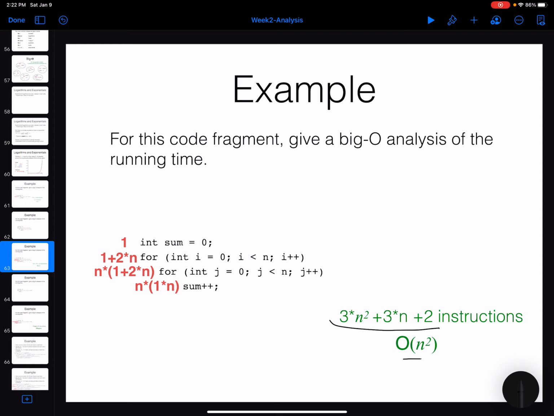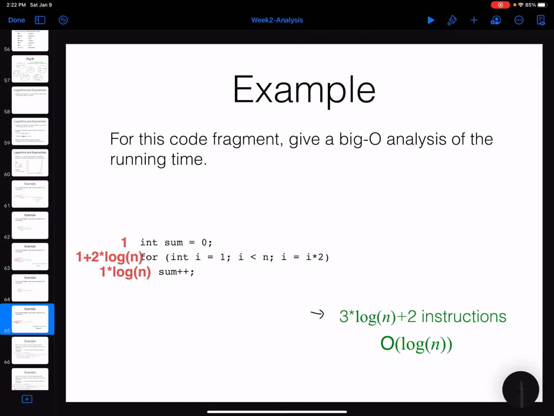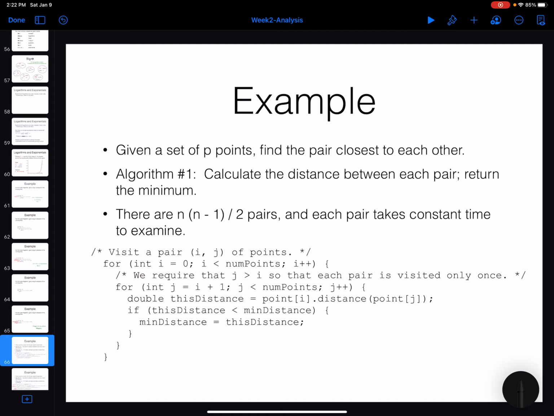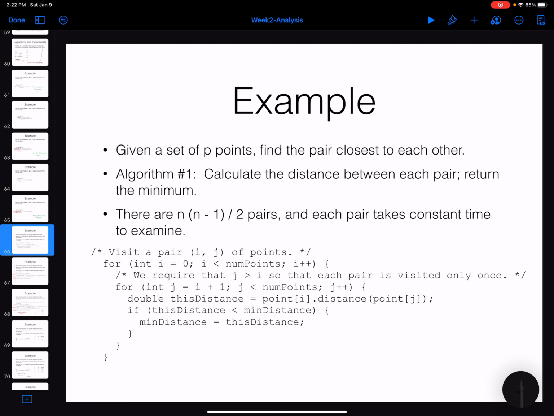So I can say that this is going to be big O of n power 2, so n square. Remember this piece of code? The number of iterations depended on log of n, right? The time function is going to be in big O of log of n. I have two more examples here. Let's just discuss them.